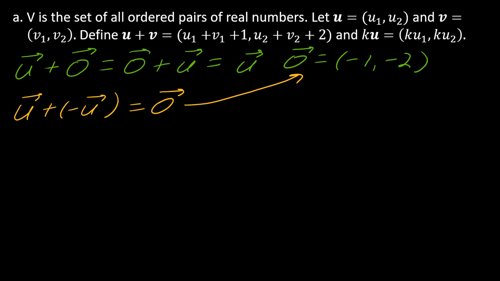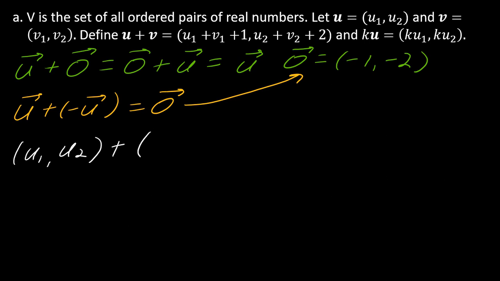Okay, so for my u, I'm going to take a vector u1, u2. When I add these together, I need this to equal -1, -2.